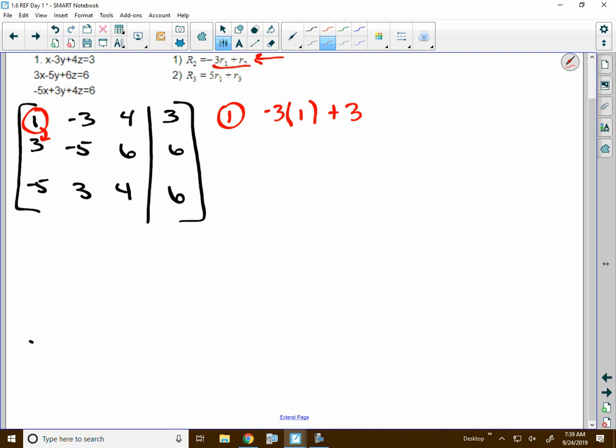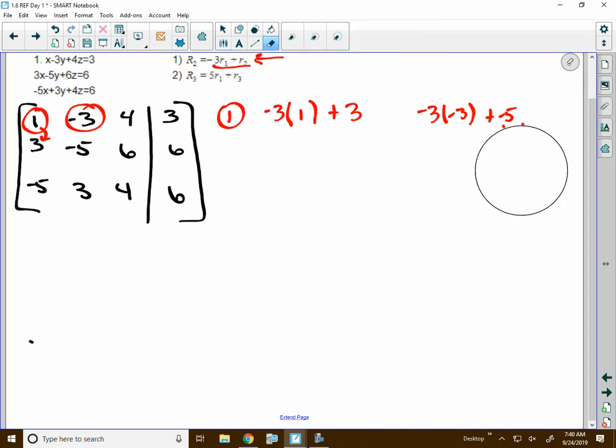Okay, then we're going to do the next number. So our next number is -3. So we do -3 times -3, and whatever is directly below it, we're going to add. Okay, see if you can do the next two on your own.